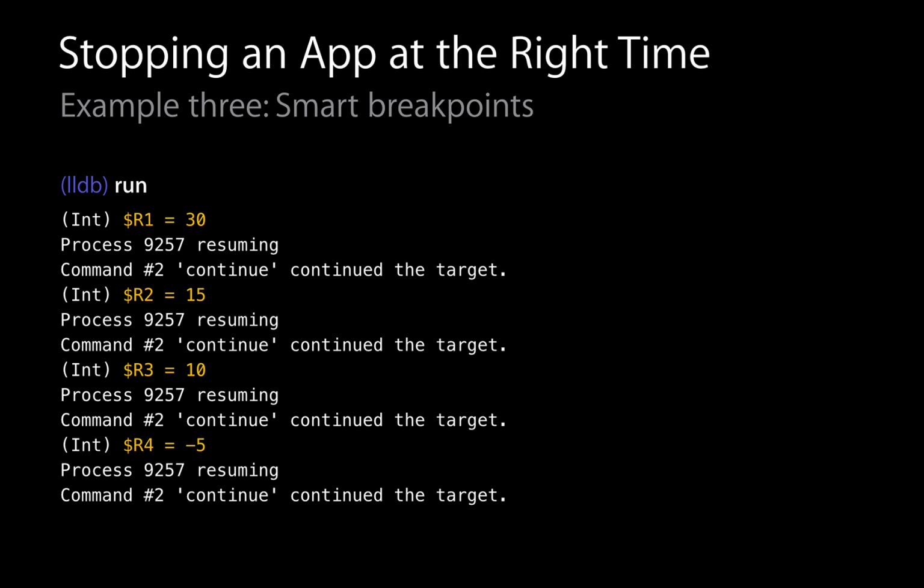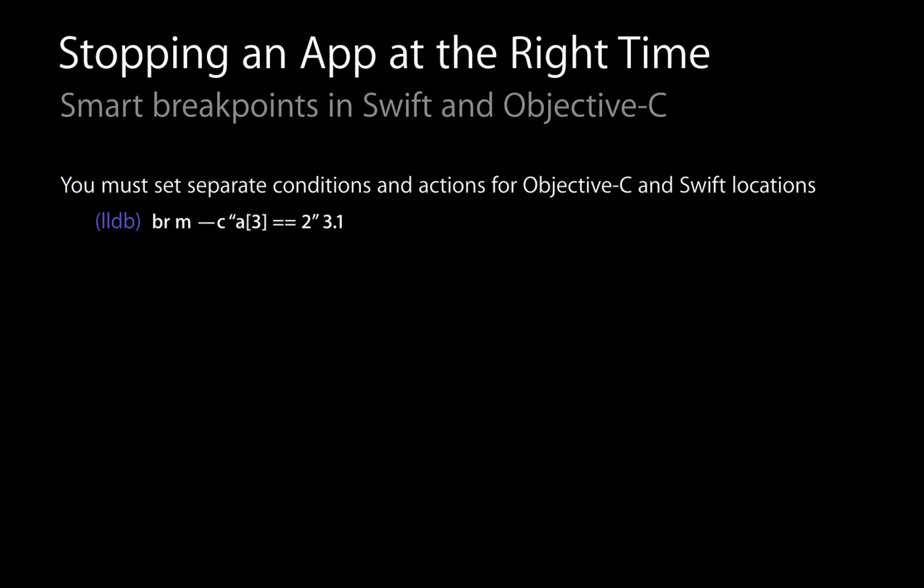Now, there's a little bit of a caveat here when you're using mixed projects. Breakpoint conditions and breakpoint commands both use expressions in the language where the breakpoint is located. Now, if you set a breakpoint on a symbol, there might be locations matching that breakpoint at multiple places in your program, some of them implemented in Objective-C, some of them implemented in Swift.